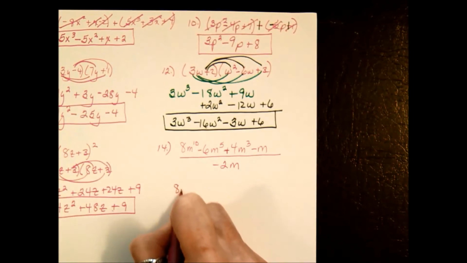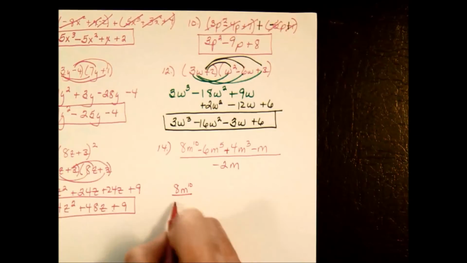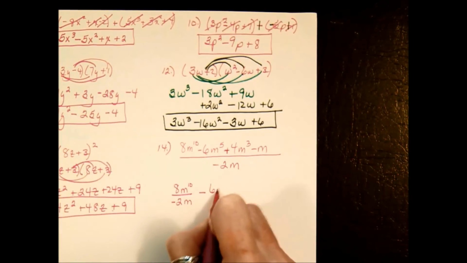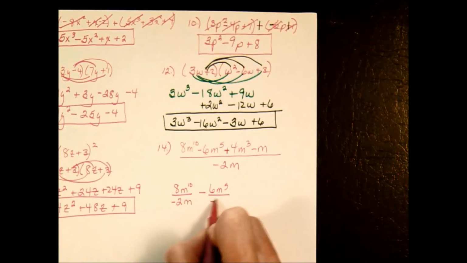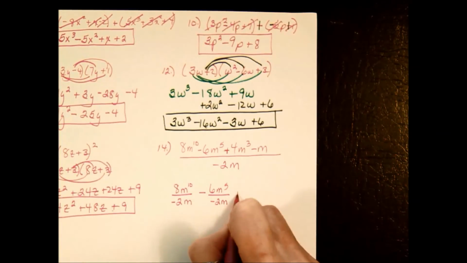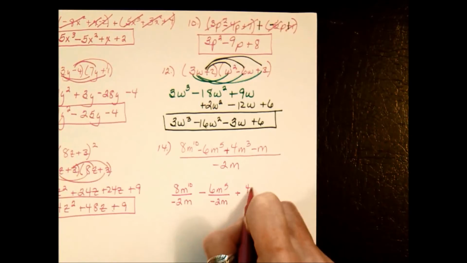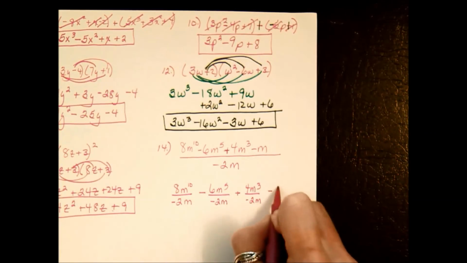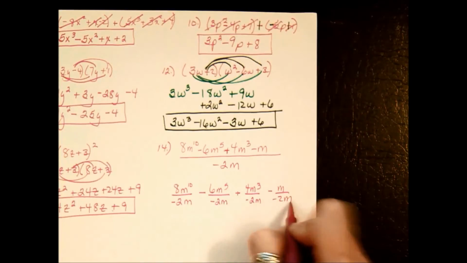So 8m to the 10th over negative 2m minus 6m to the 5th over negative 2m plus, see what I'm doing? Each term in the numerator goes over that common denominator. And now we just have to deal with signs.